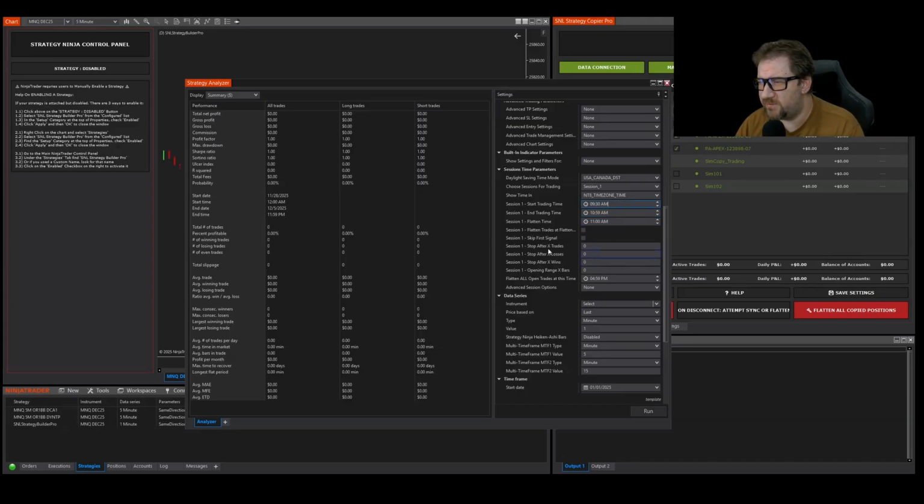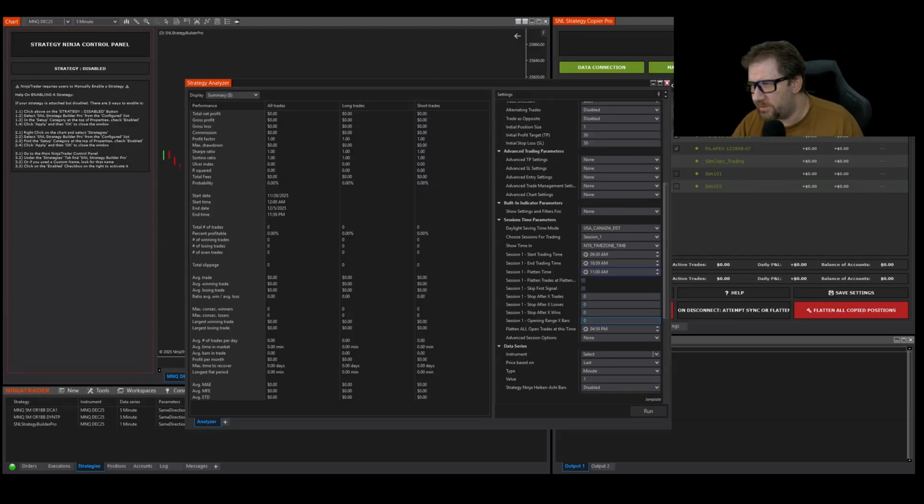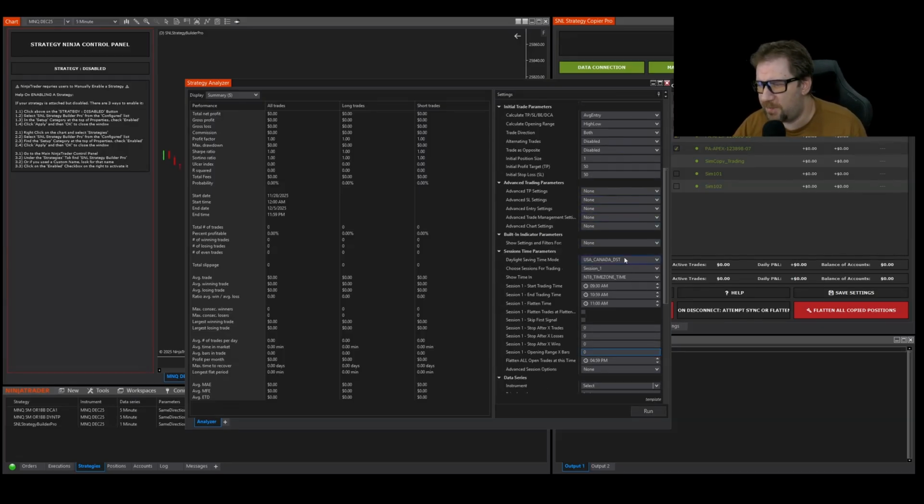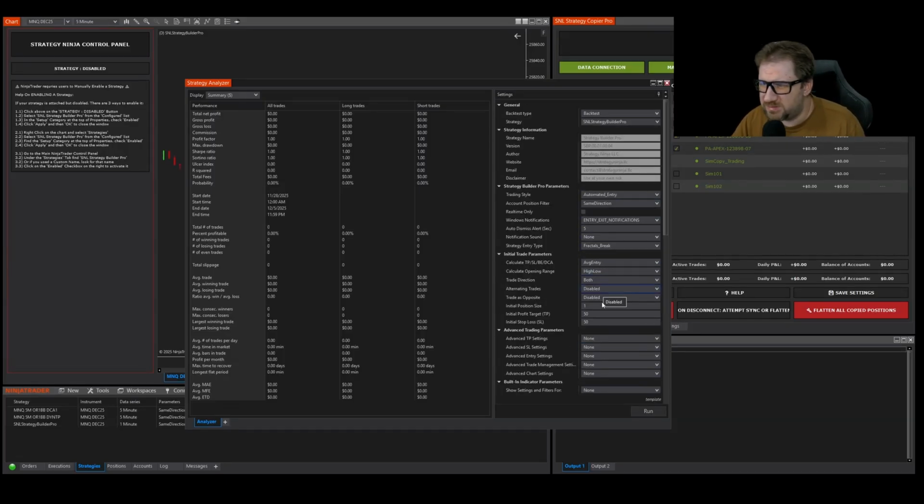And everything is set to 0 so that nothing gets affected until you have actually changed the settings yourself. So you don't have to worry about disabling certain features, because really nothing is enabled from the start. Everything is disabled. You've got one contract, take profit and stop loss are 50 ticks, and you've got your entry type and your session time from the New York Open.